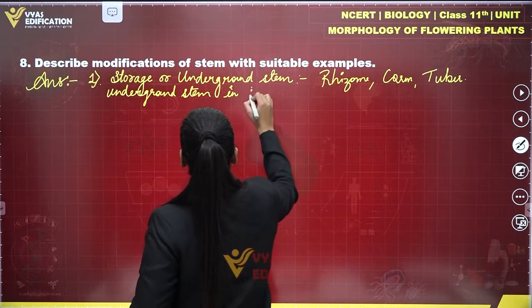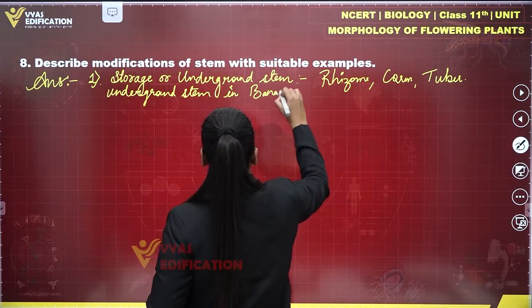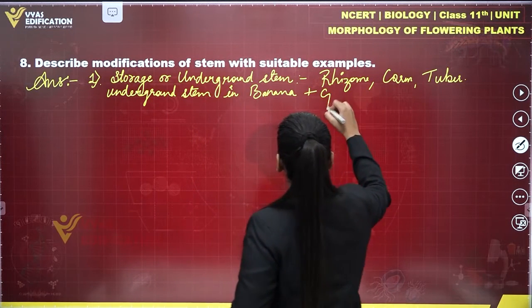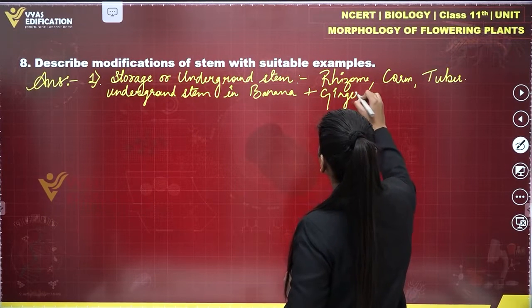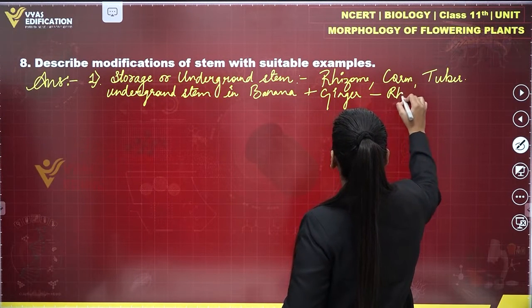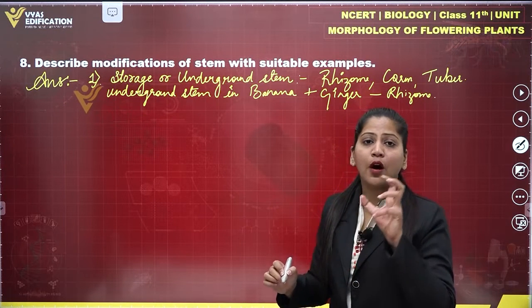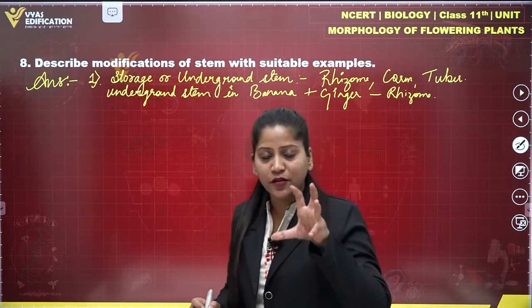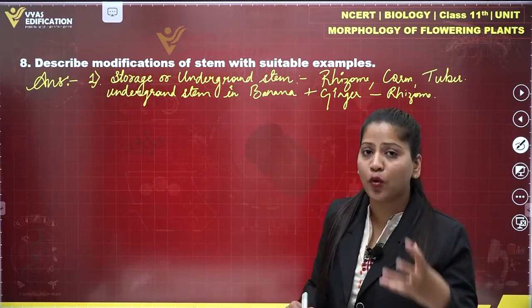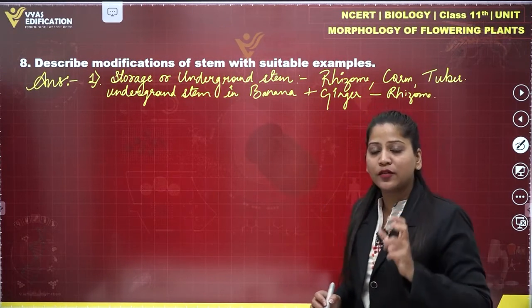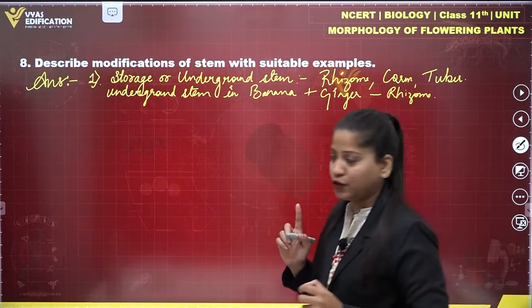In banana and ginger it is known as rhizome and is swollen because of accumulation of food. It is storing food, that is why it is swollen and is known as rhizome in case of banana and ginger.